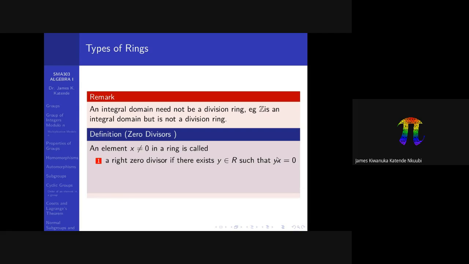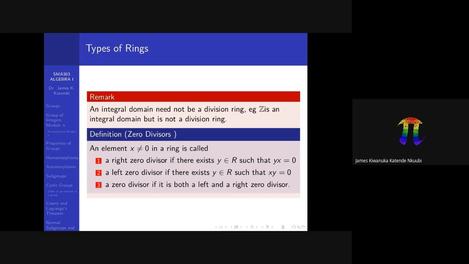So that's what makes it a right zero divisor. A left zero divisor is simply if you can find some element y such that x multiplied on the left of y will give us 0, then we call x a left zero divisor. If it works on both sides, then we simply call it a zero divisor.